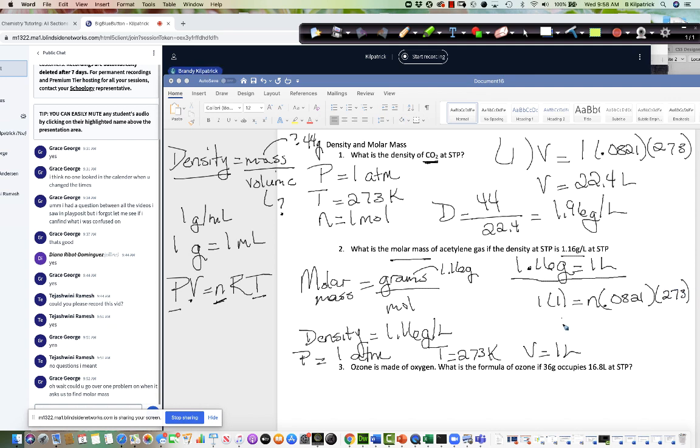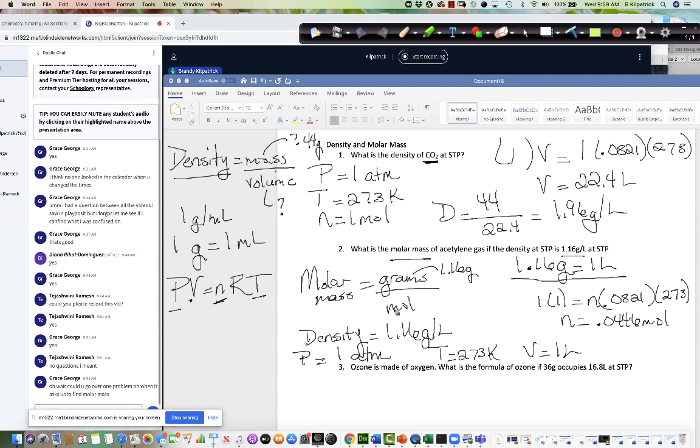Okay, so now solve for your number of moles. So 1 times 1 is 1. 0.0821 times 273, that's going to give me 22.4. And then 1 divided by 22.4, well, that's going to give me 0.0446.